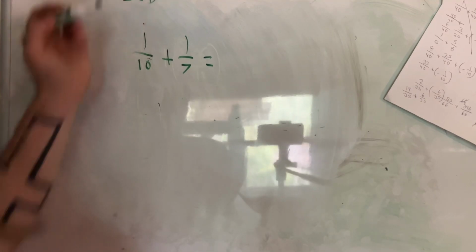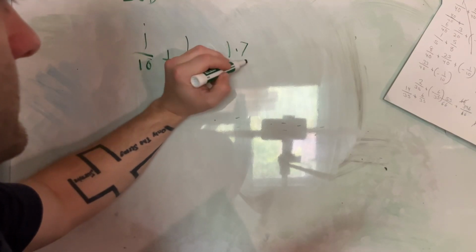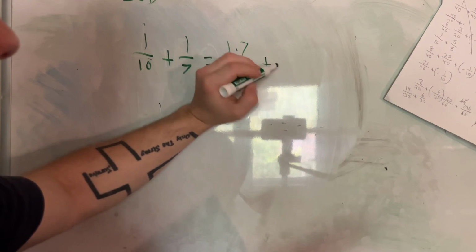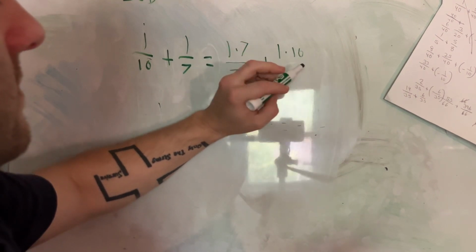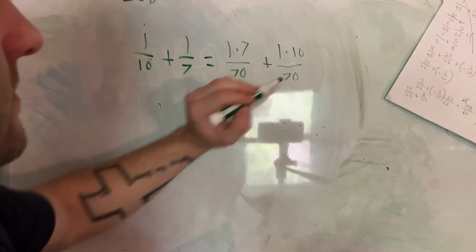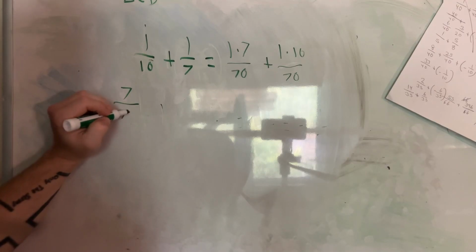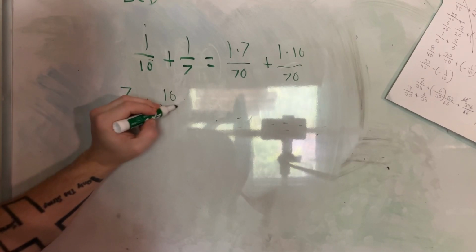The least common denominator here is 70. So what we need to do is multiply this first fraction by 7, multiply this second fraction by 10, that gives us two fractions with the same denominator.